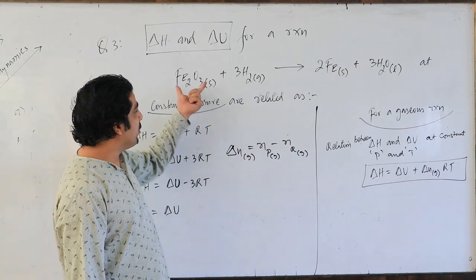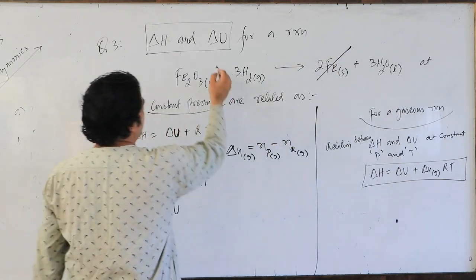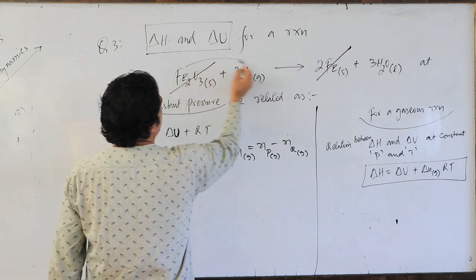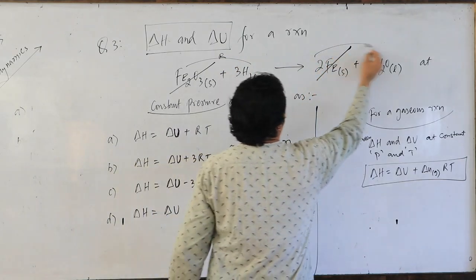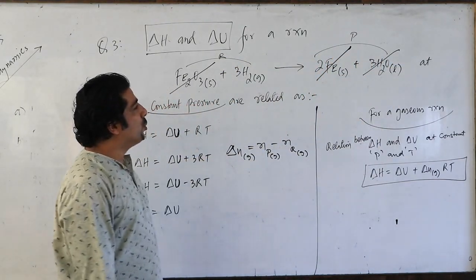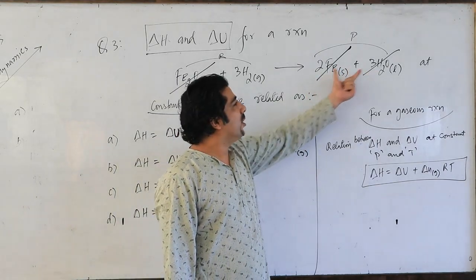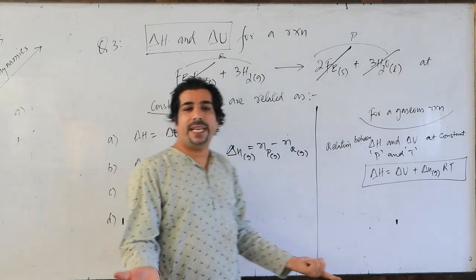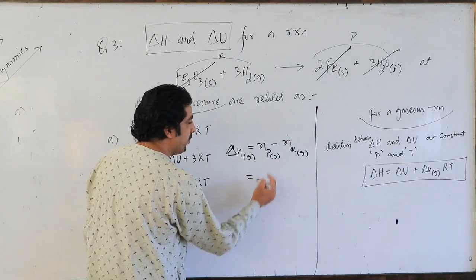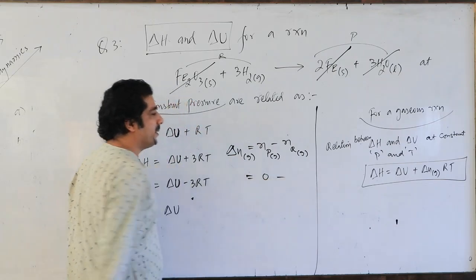In this particular reaction, this is solid, so let's cancel it. This is also solid. These are your reactants and these are your products. This is liquid, so cancel it. So how many gaseous products do you have? This is solid, this is liquid. You don't have any gaseous product. So the number of products which are gases is 0, minus.